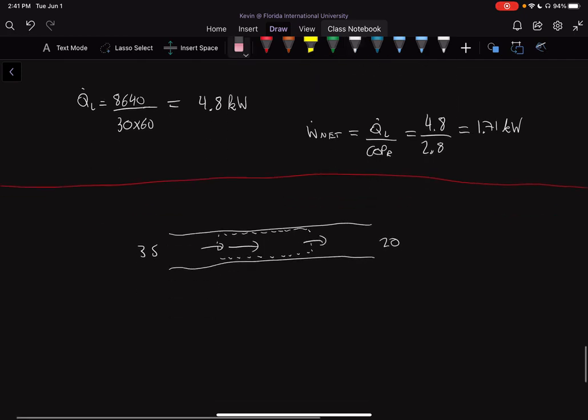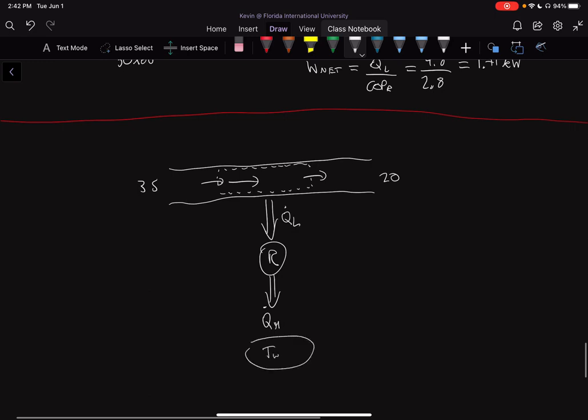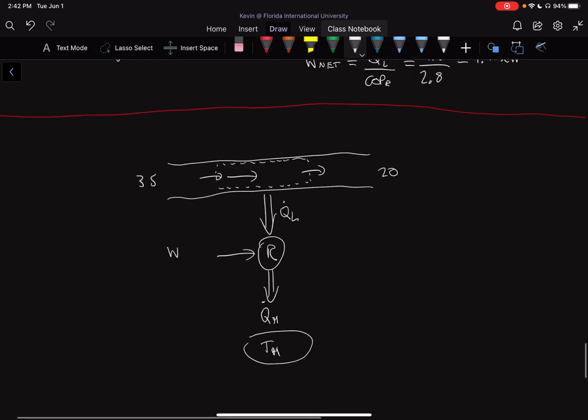Let's say you have a refrigeration system attached to this pipe that takes Q dot L out of the pipe, goes to the outside with Q dot H into the TH sink, with some work dot net. We would now analyze our problem in the same exact way.